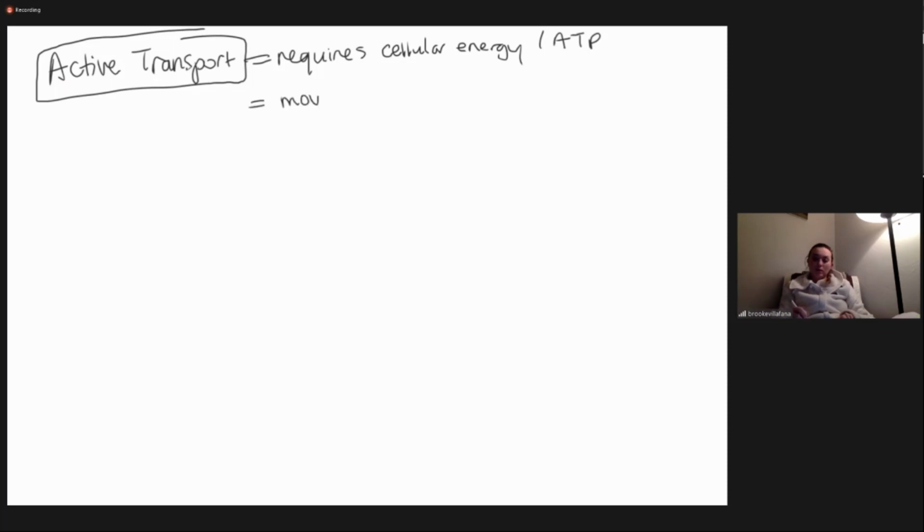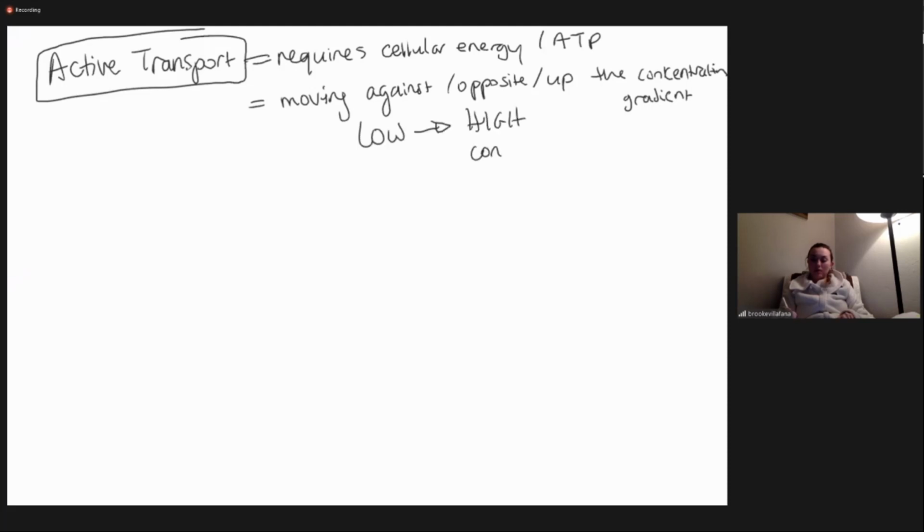It is moving against or opposite or up the concentration gradient. So whereas passive moved from high to low, this is going to move from low to high concentration.